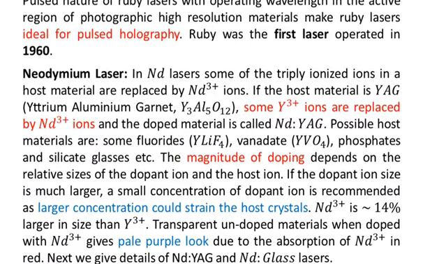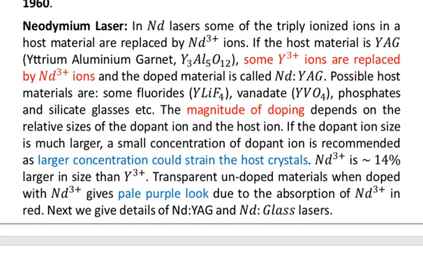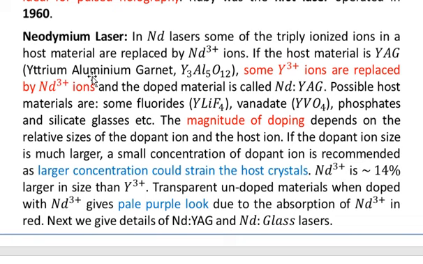Now a brief introduction of the neodymium laser, usually abbreviated as Nd laser. In Nd lasers, some of the triply ionized ions in a host material are replaced by triply ionized neodymium ions, that is Nd3+ ions.